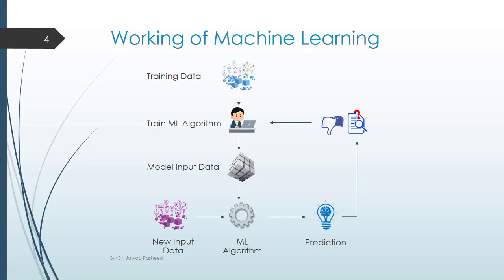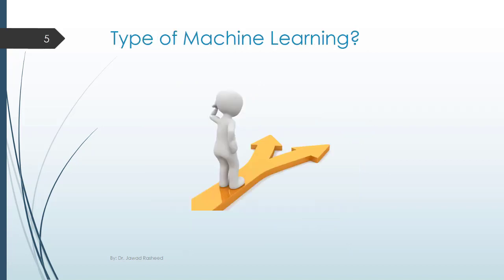So there are three things in that. One is the sample or instance, another is the attribute, and the third one is the label or class. Okay, so I hope now that you have understood how the machine learning works in the general overview.